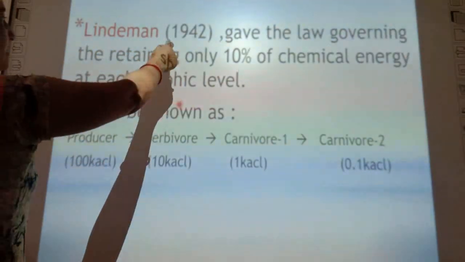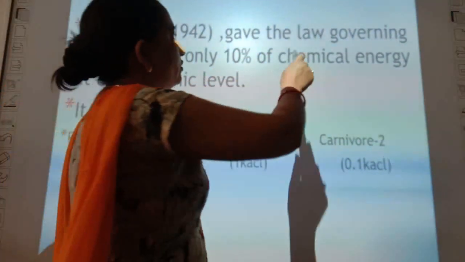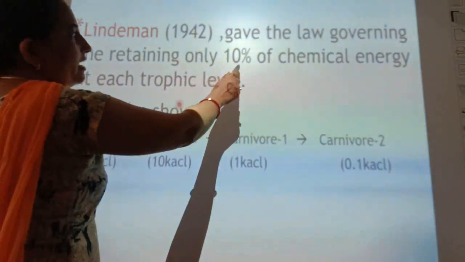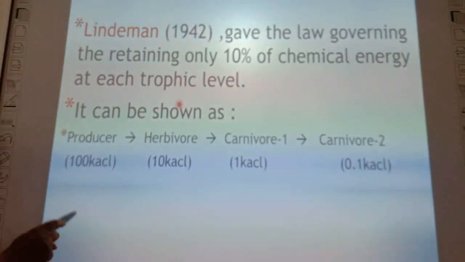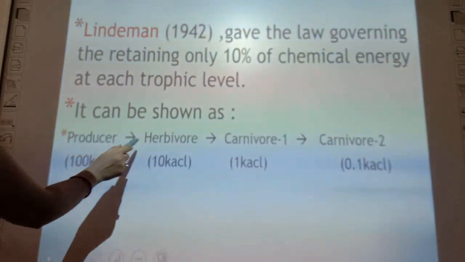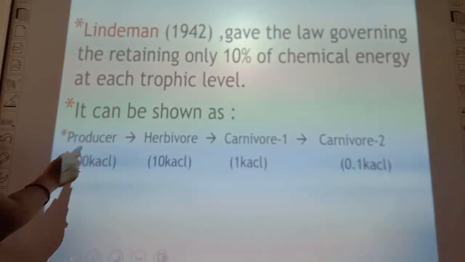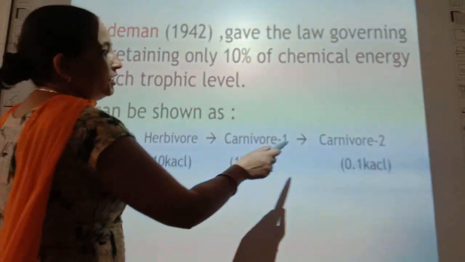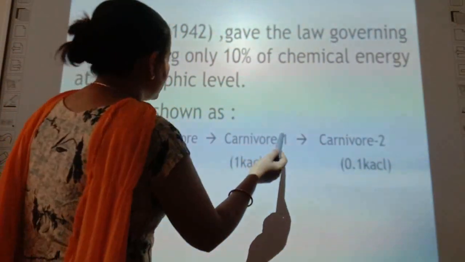Lindemann was a scientist. In 1942, he gave the law governing the retaining of only 10% of chemical energy at each trophic level, and it can be shown as producers. Here herbivores take the energy from the producers, carnivores take the energy from the herbivores, and secondary carnivores take the energy from the primary carnivores.